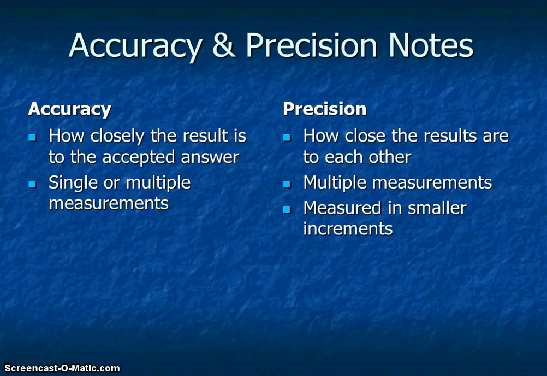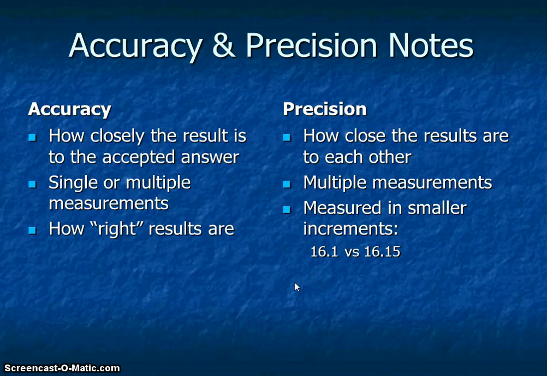So when you see a number like 16.1, or a number like 16.15, because it has more small increments, it's measuring 15/100ths instead of 1/10. This is going to be the more precise number, the 16.15.